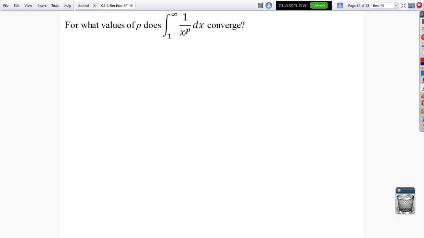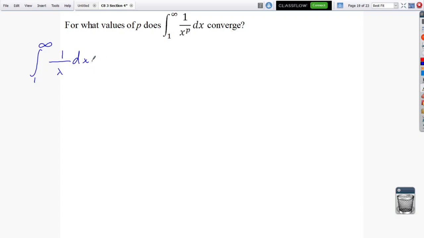So looking at this, the biggest p that I could use that would cause x to the pth to flip up to the numerator is 1 over x, when my p is equal to 1.